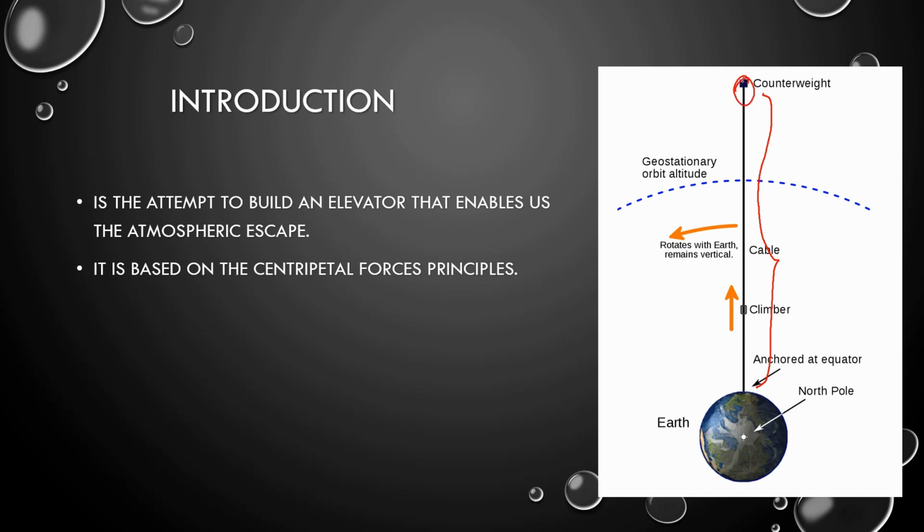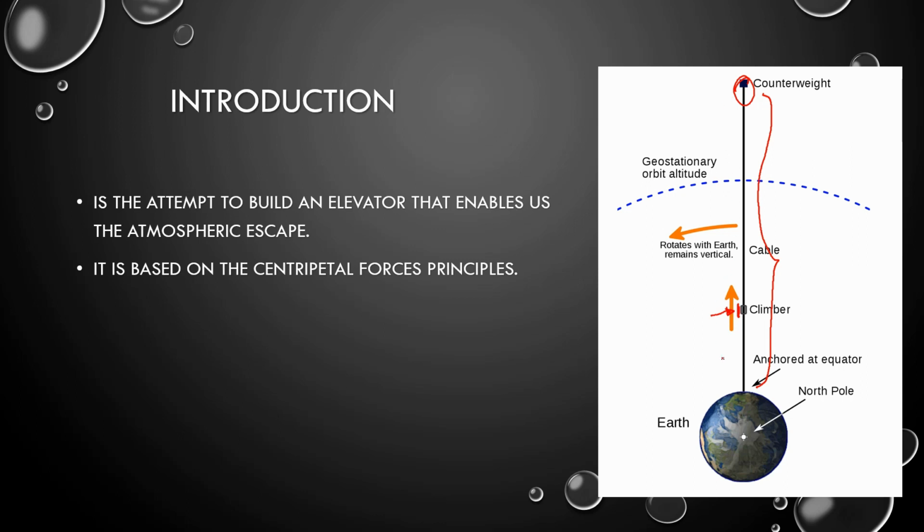This is an optional part and enables us to use a shorter cable. And the last part is the climber, that is the main part. It will carry the material, whatever we want to deliver in orbit.